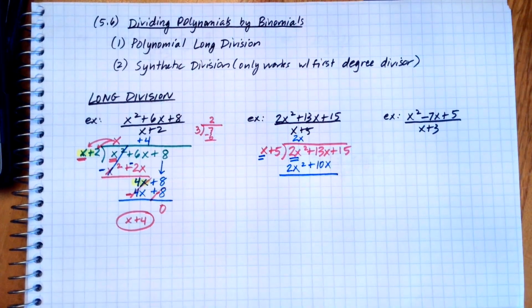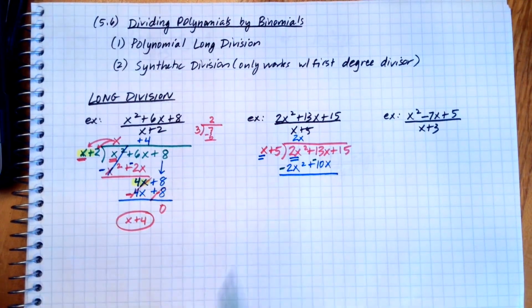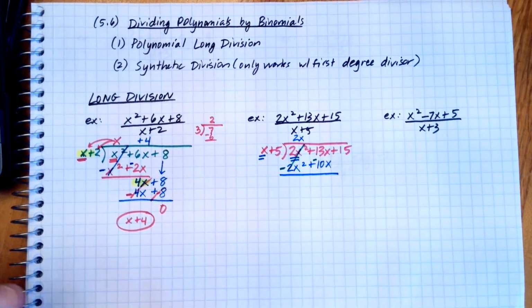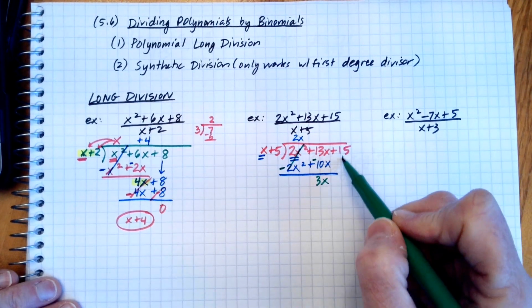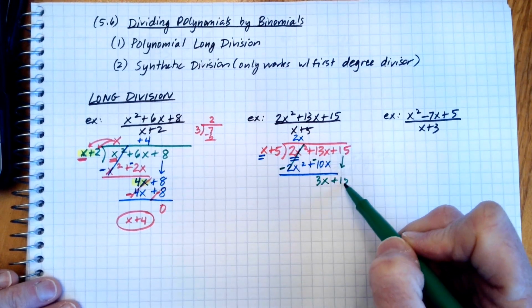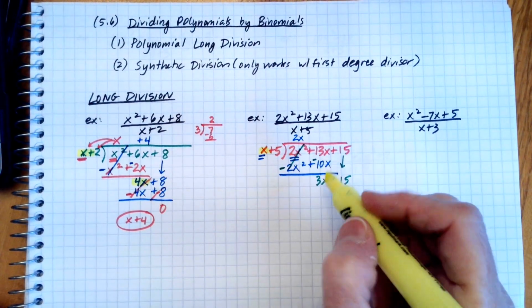The important step that people often forget is now we're going to change the signs to their opposite and combine. So the 2x squareds will cancel, just as was the plan. 13x minus 10x is 3x, and then we bring the 15 down. So now we're going to divide x into 3x.